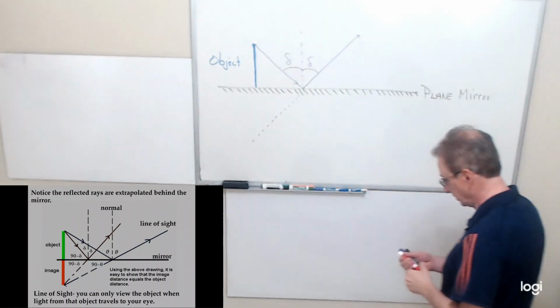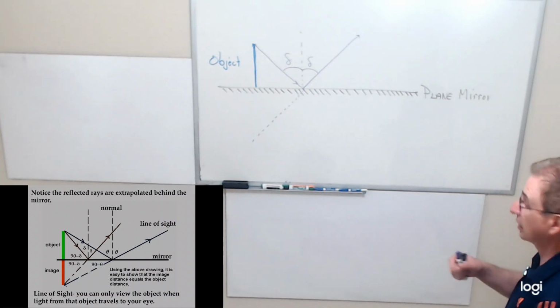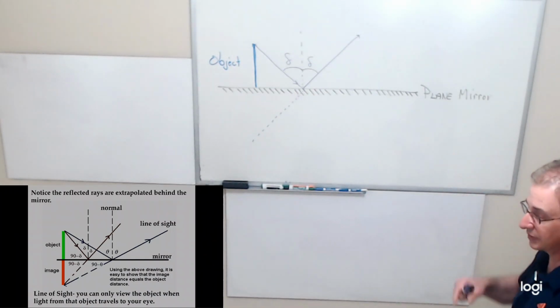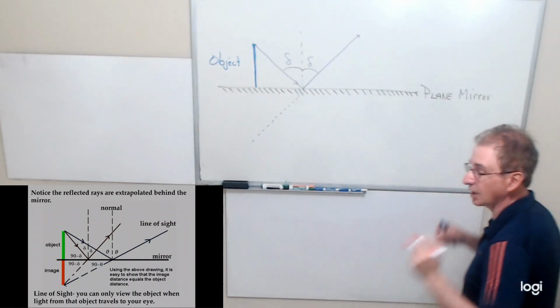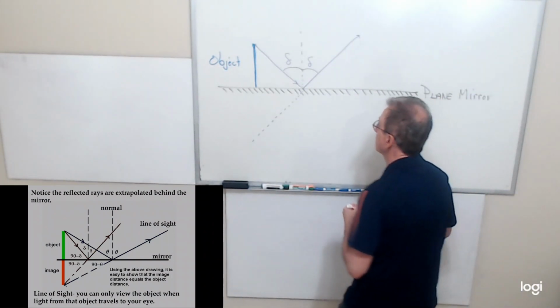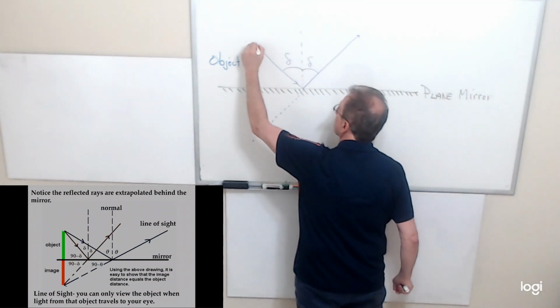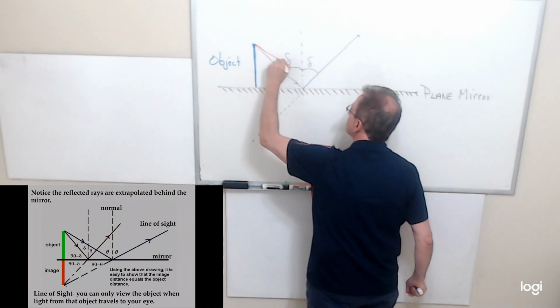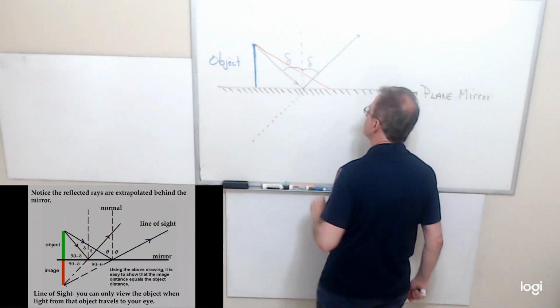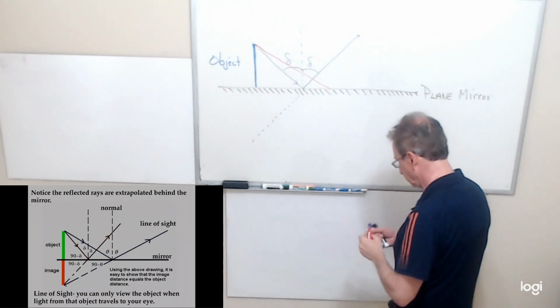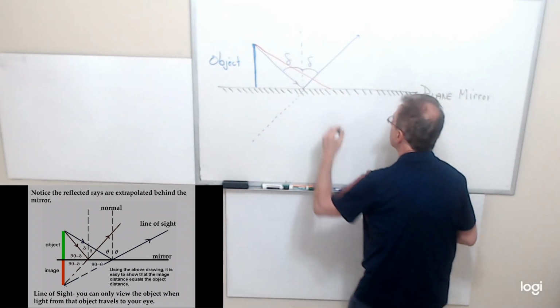So let me take another ray that comes off the top of that object and scatters off in a different direction. So let me draw this ray. It's red. It hits the mirror there. Let me draw the normal to the surface.